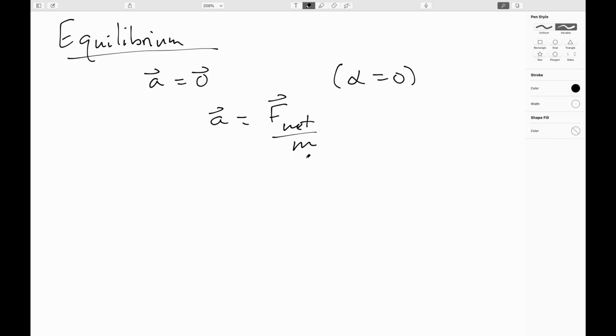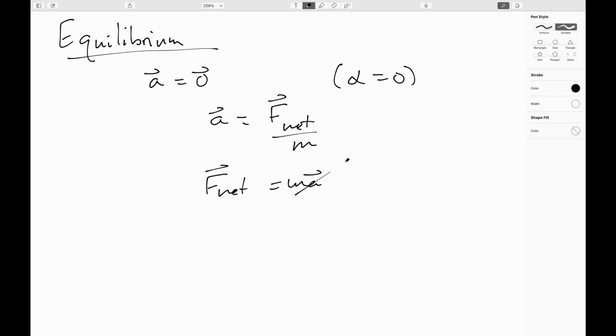This one, just for pure convenience sake, usually people multiply the m through and rewrite it as F net equals ma, just because it's mathematically a little cleaner. And I'll probably be doing that going forward as well.